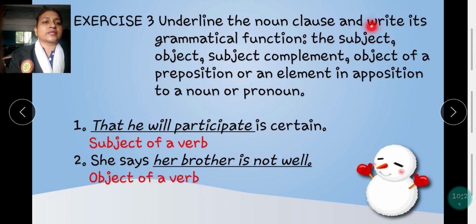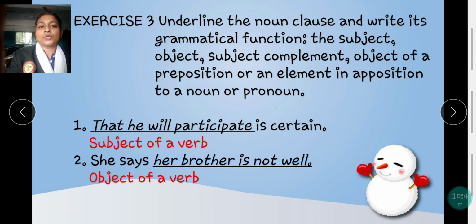Underline the noun clause and write its grammatical function. It could be the subject, object, subject complement, object of a preposition, or an element in opposition to a noun or pronoun. That he will participate is certain. Now children, as I told you in the beginning also, when you have a conjunction before a sentence, we will consider it a subordinate clause.